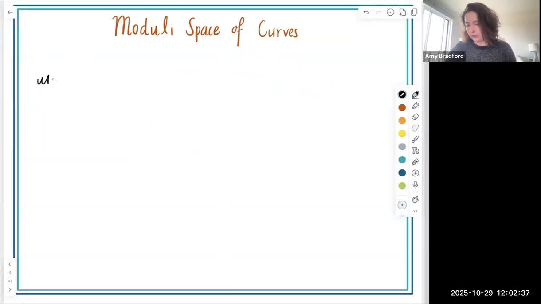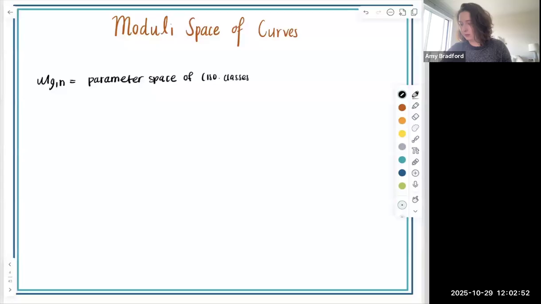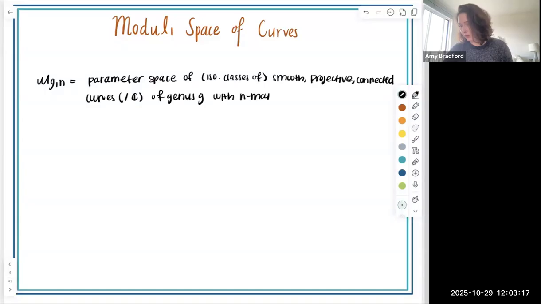We're going to define MGN to be a moduli space, or a parameter space, of, and I'll put in parentheses, isomorphism classes of smooth, projective, connected algebraic curves, which I'll always be working over the complex numbers today, of genus G with n marked points.